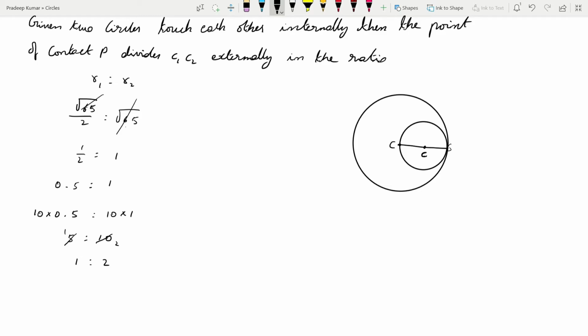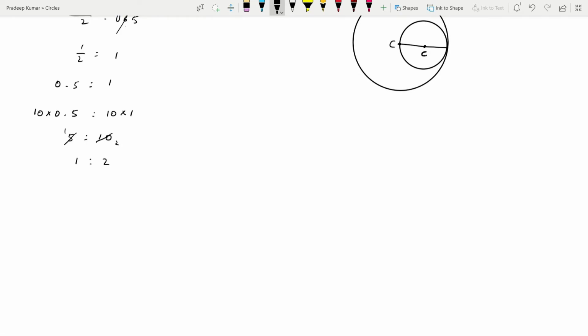The point we are getting here is an external point, as the circles were touching internally. Even the point we'll find out. So for that we'll do this further. I can write here, to find the point, p(x, y), the point we are finding out.